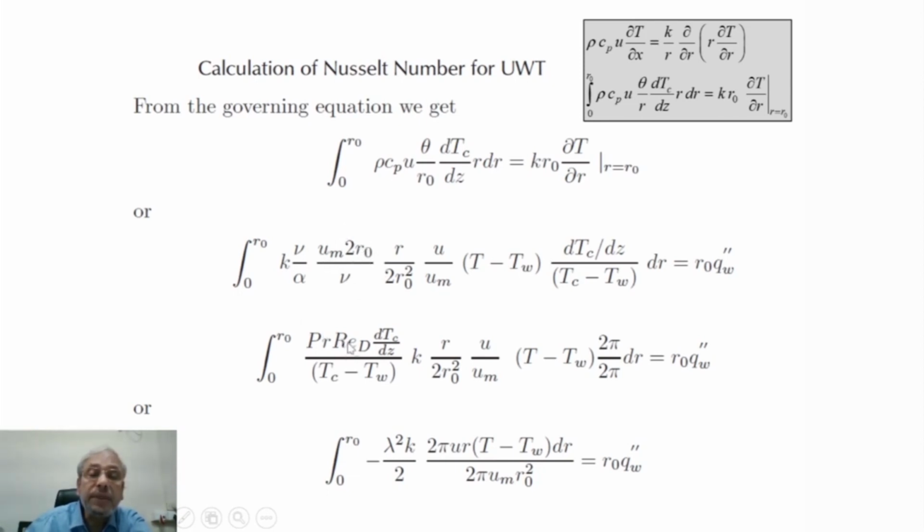This term gives the Reynolds number. This gives dTc dz divided by Tc minus Tw. Now we can write k into the remaining terms like r by twice r naught square, u by um multiplied by T minus Tw. We multiply by twice pi and divide by twice pi, dr, integrate between 0 to r naught, giving the wall heat flux, Qw double prime.